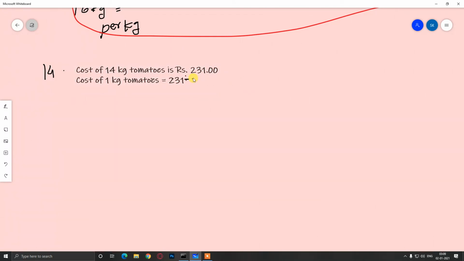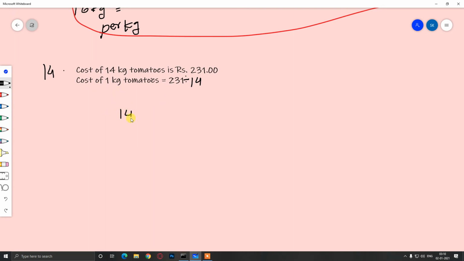So 231 divided by 14. Okay, this is division. Now we have to divide this 231 by 14 to calculate the cost of 1 kg tomato.